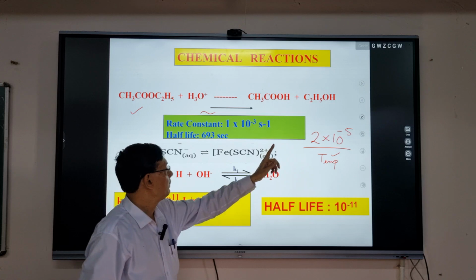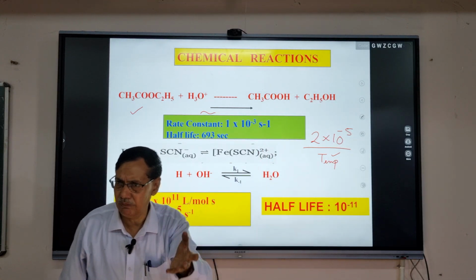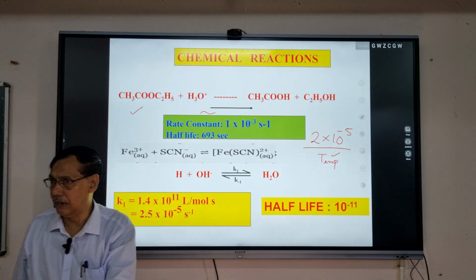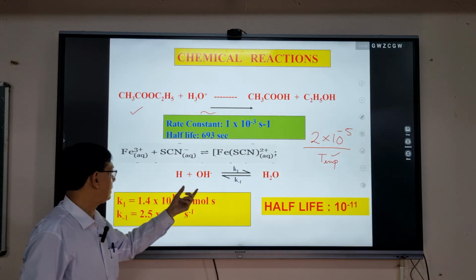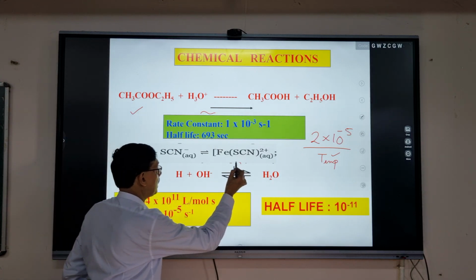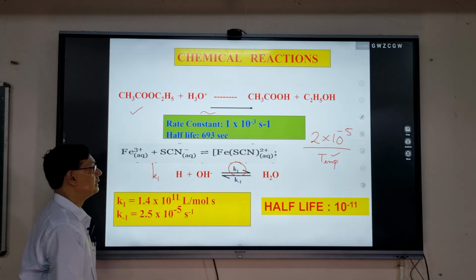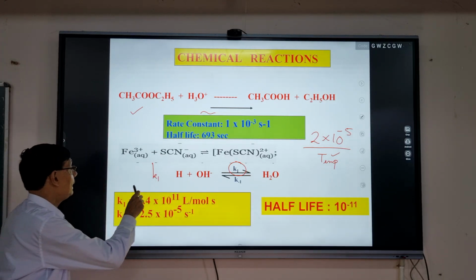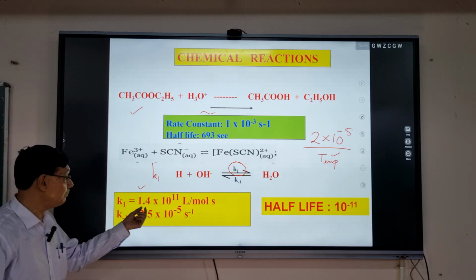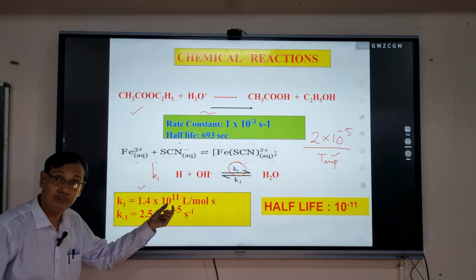Now just to compare, the hydrolysis of methyl acetate has a rate constant of approximately 1 into 10 to the minus 3, maybe minus 5, maybe per minute, maybe per second, at room temperature. For the forward reaction of water formation, of course, it is a second order reaction, and imagine the rate constant is 1.4 into 10 to the power 11 liter per mole per second.